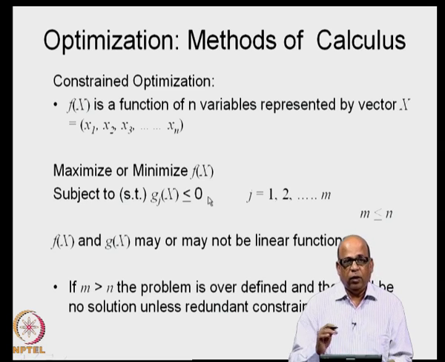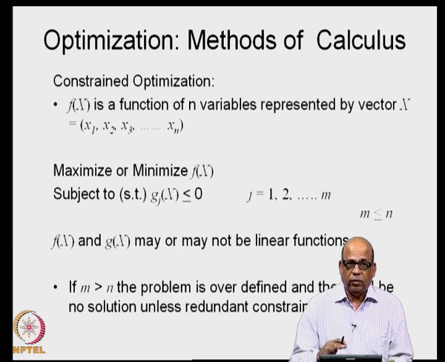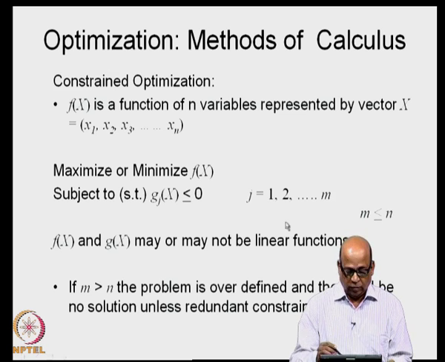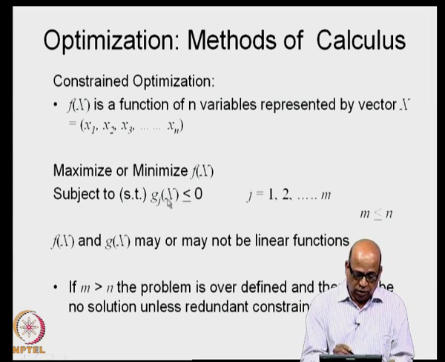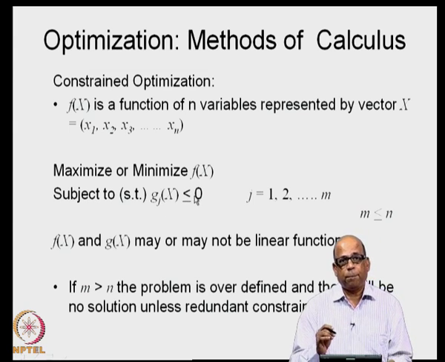From this general optimization problem, we will start the discussion with the simpler version of this general statement, where we will consider all the constraints to be equality constraints. So, from g j of x less than or equal to 0, I will start with g j of x equal to 0.